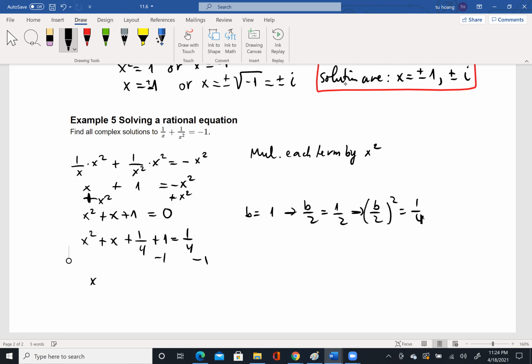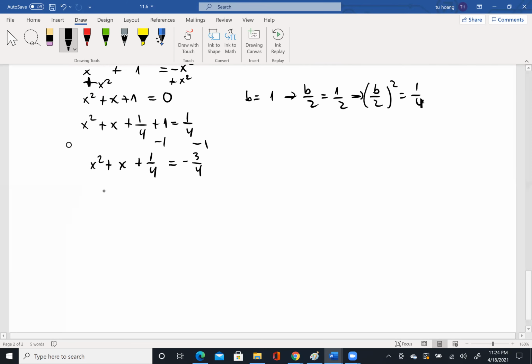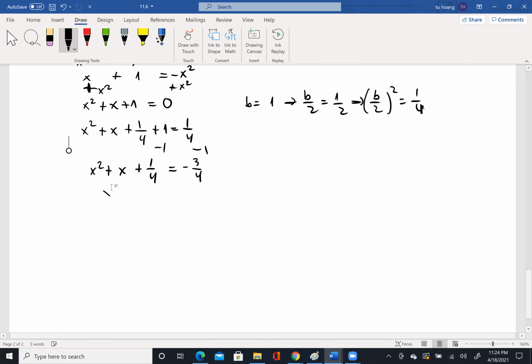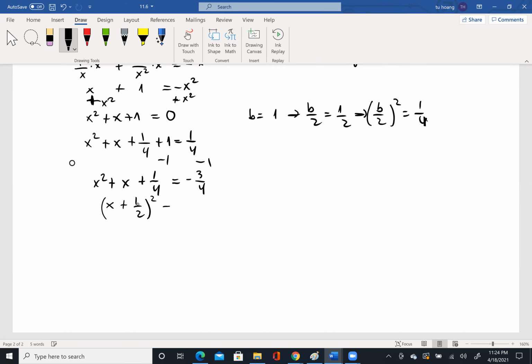So I have x squared plus x plus 1/4 equals 1/4 minus 1, which is negative 3/4. Now this becomes a completed square, which is x plus 1/2, everything squared, equals negative 3/4.